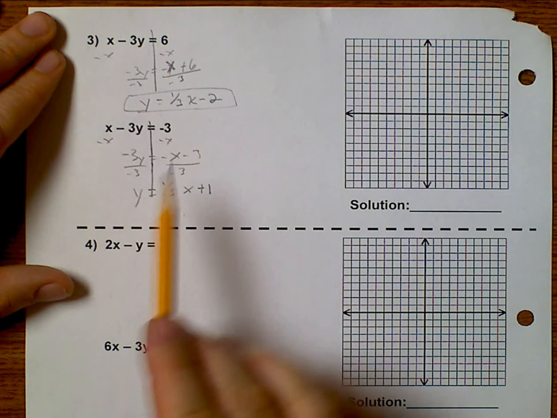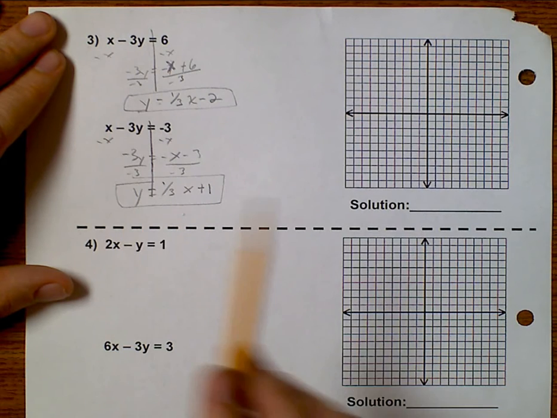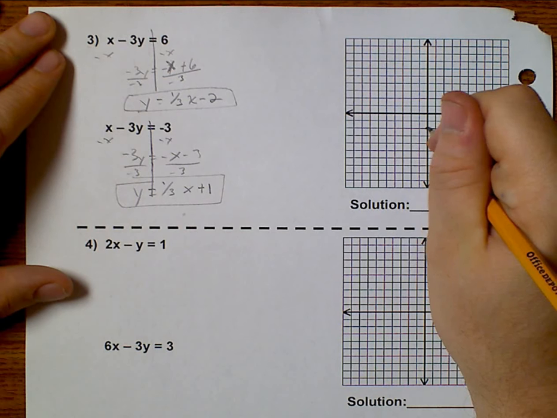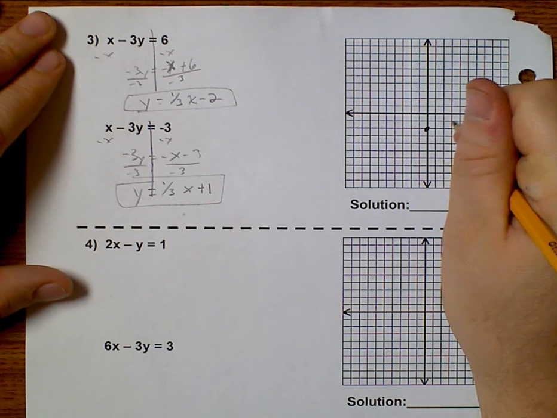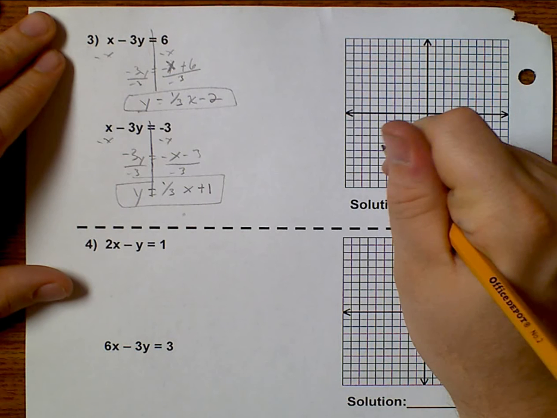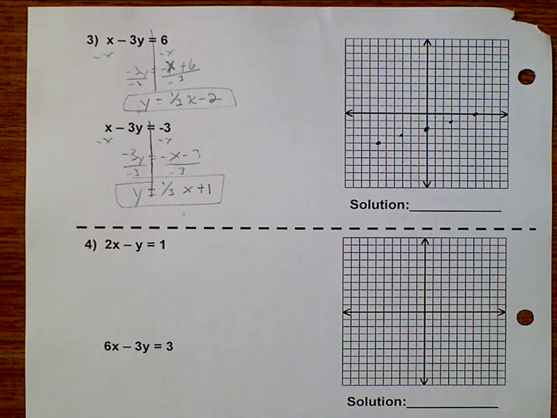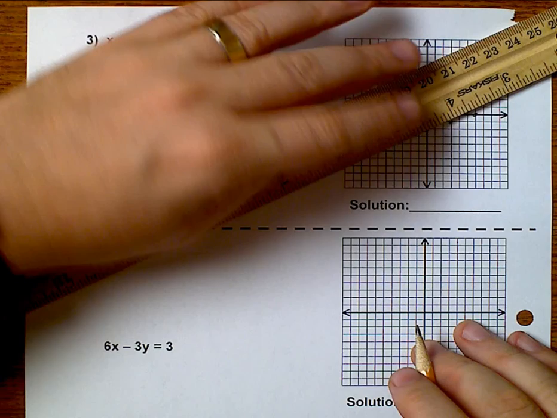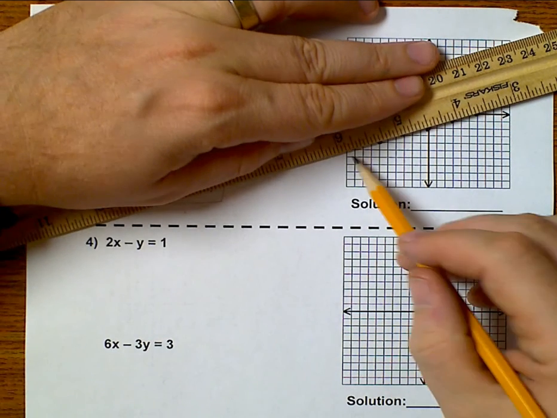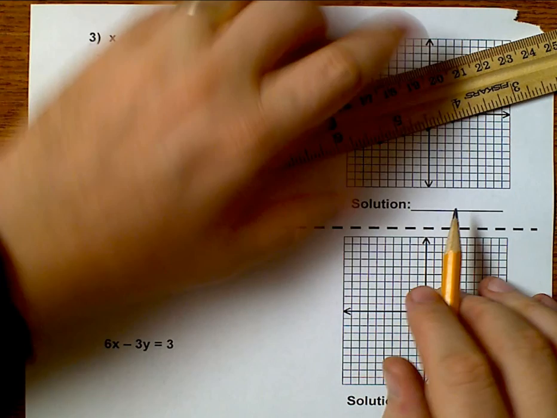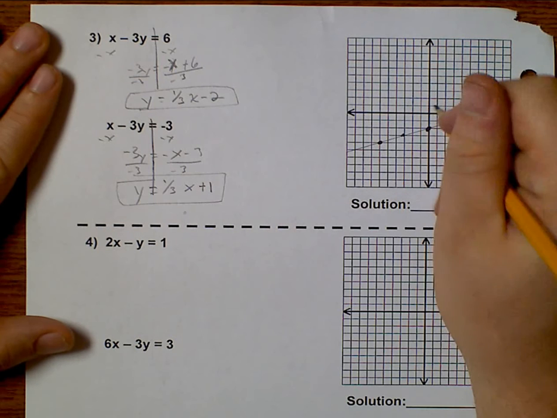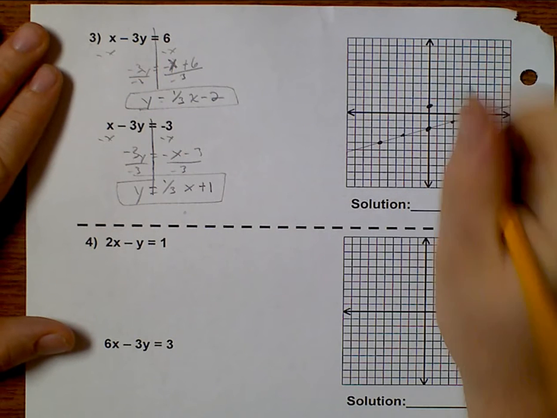These are my two equations. Let's go ahead and graph them. We'll start at negative 2. And we rise 1 and run 3. Here, we'll start at 1. And we've got the same slope of 1 over 3.